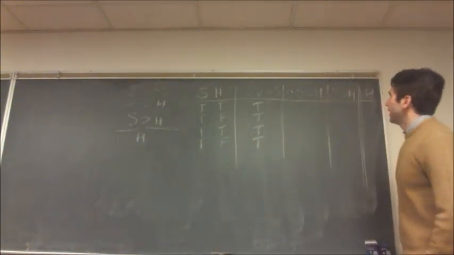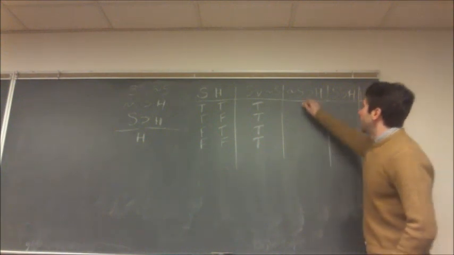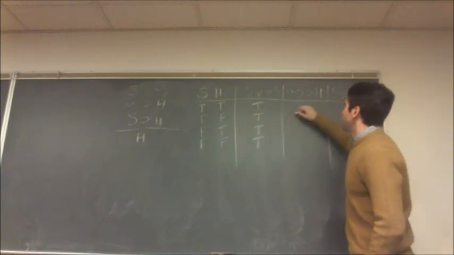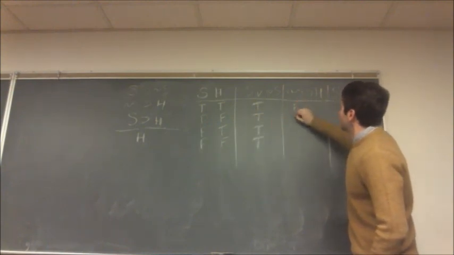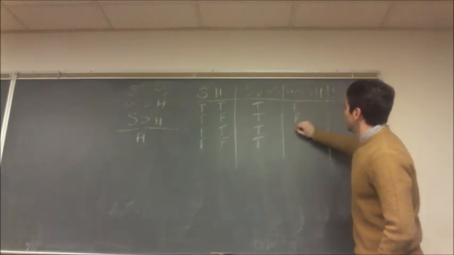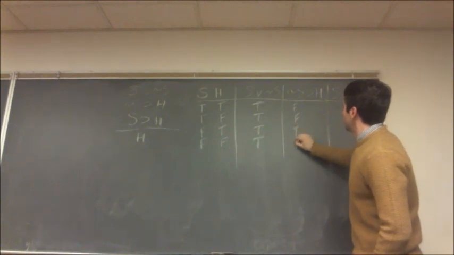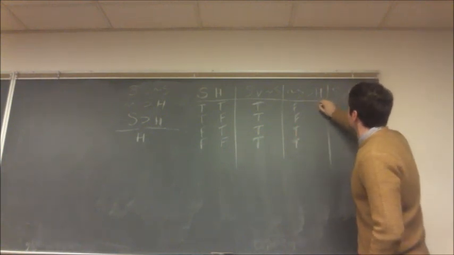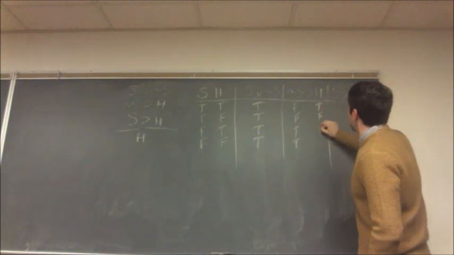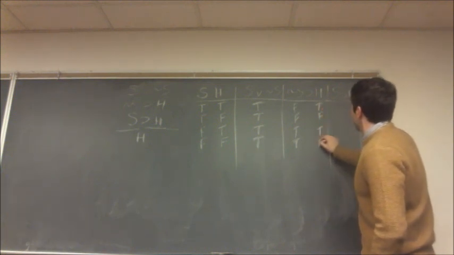Let's look over here. If not S, then H. So not S goes from true to false: false, false, true, true. H is true, false, true, false.